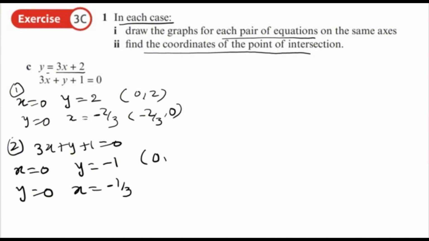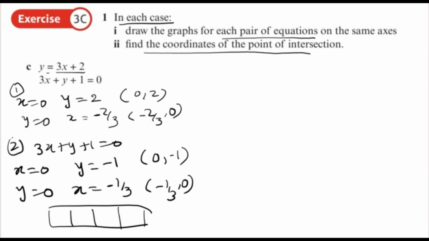So the coordinates are (0, minus 1) and (minus 1 over 3, 0). So we are getting two coordinates for each. If you need more coordinates, you can make a table like this and put different values of x, and you will get different values of y. But for a sketch, 2 coordinates are okay.